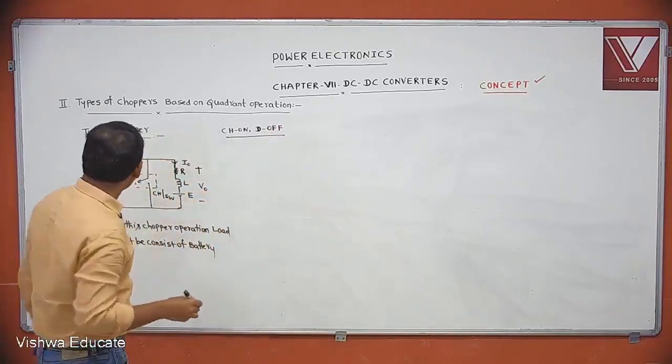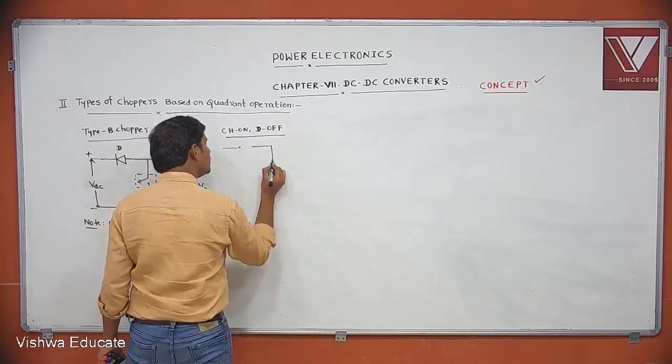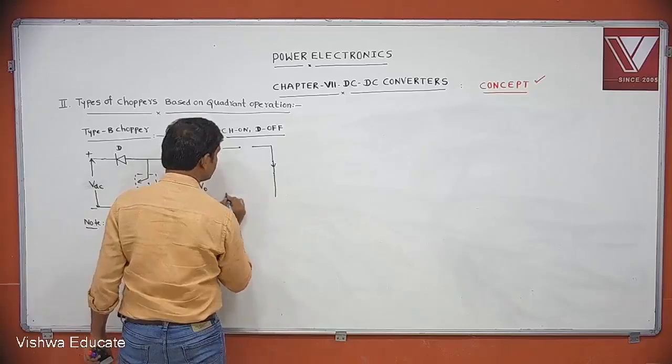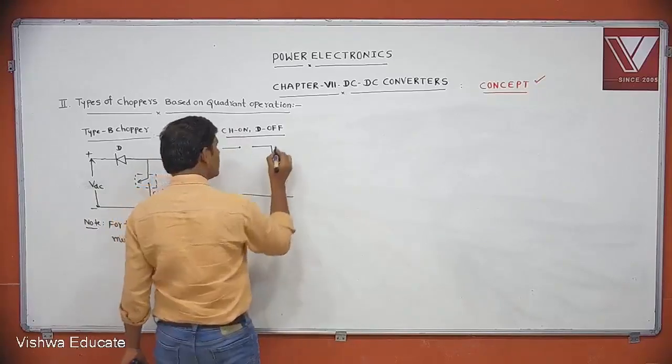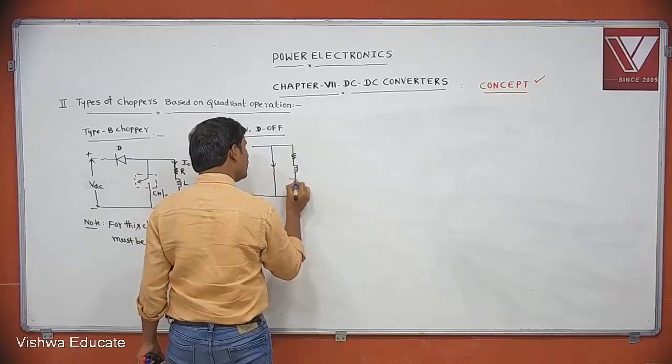For the equivalent circuit, the diode is off. This is the chopper on, and this is the RLE load.